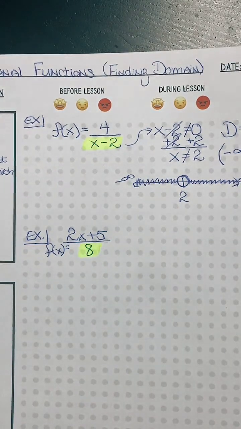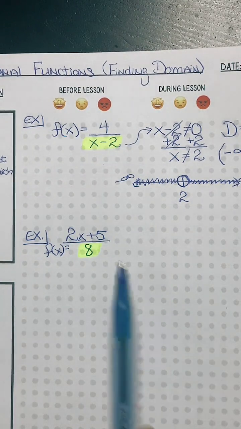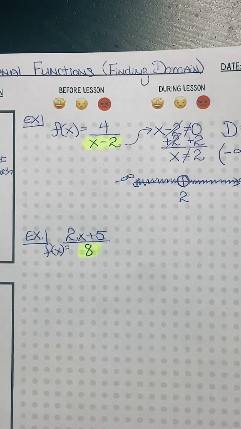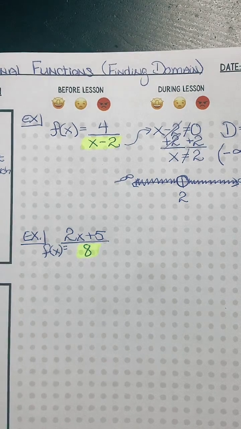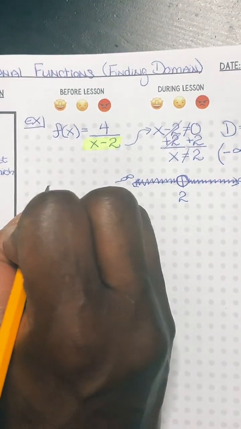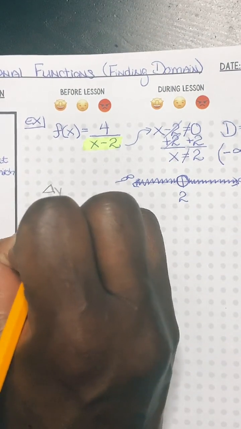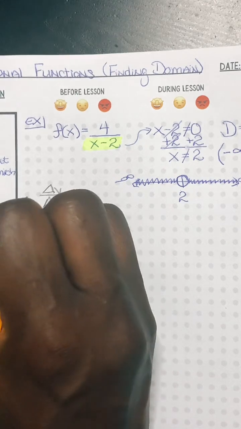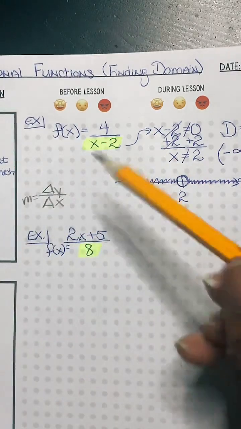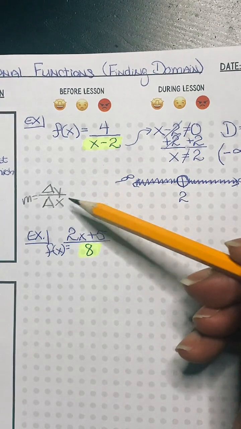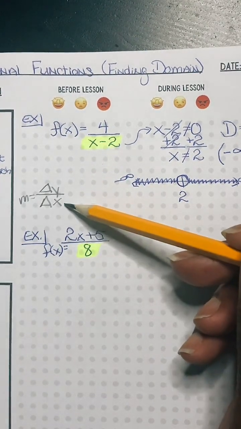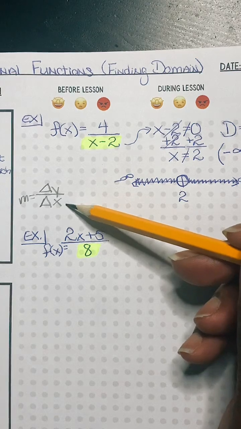And if you're probably wondering why she is only using the denominators, remember when we used to do slope? With slope, it was your change of y's over the change of x's. This is your slope. Where's the x's? The x's is right here in the denominator.